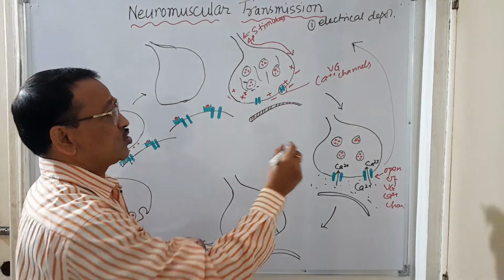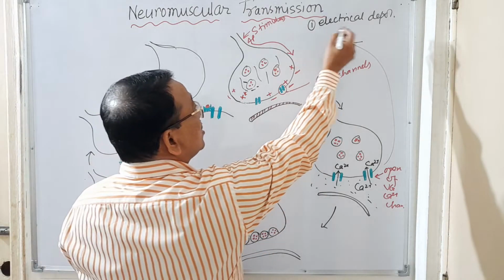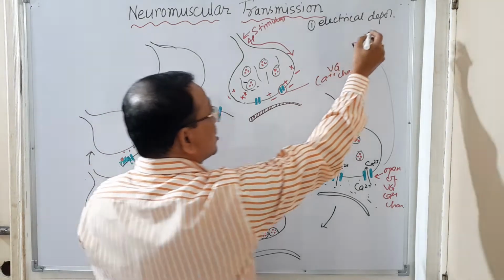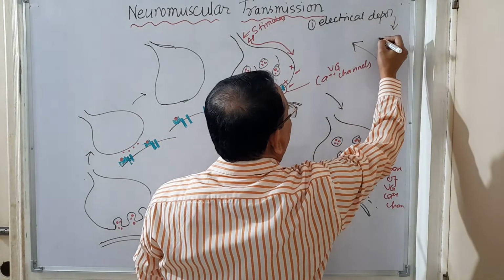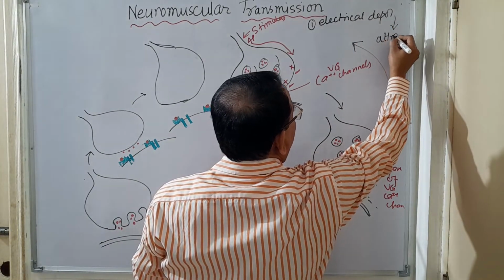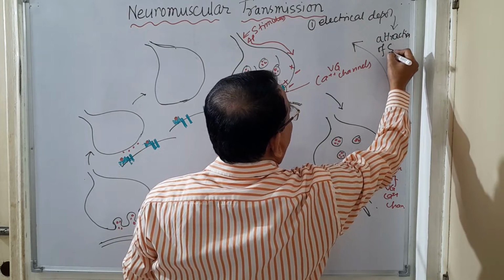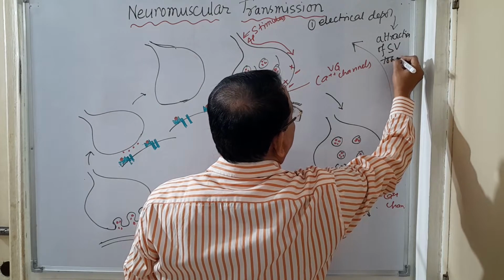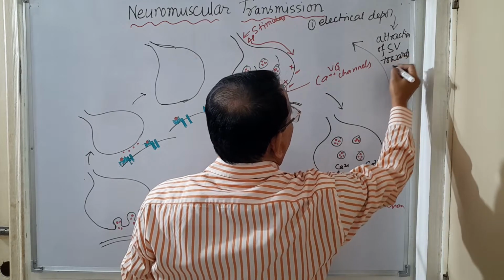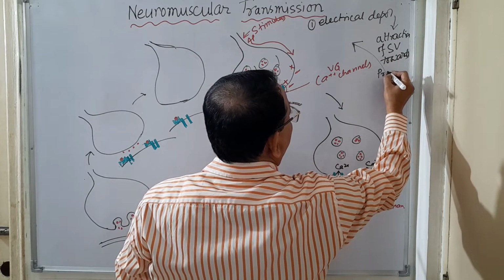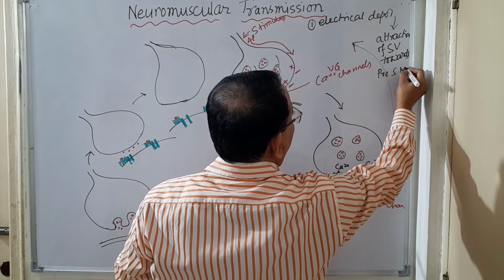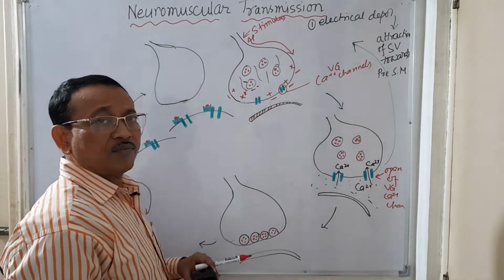This is number one: calcium ion will initiate electrical depolarization, which results in the attraction of synaptic vesicles towards the presynaptic membrane.